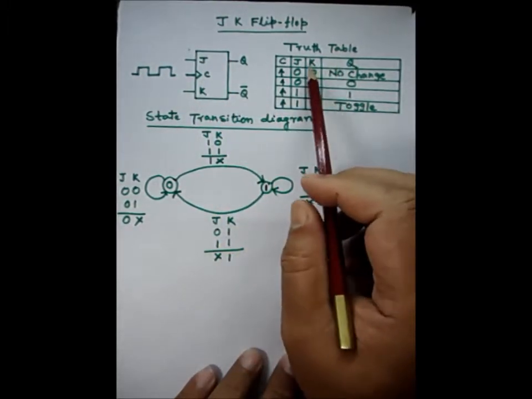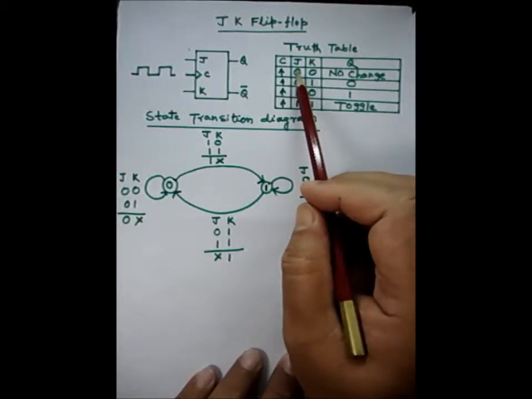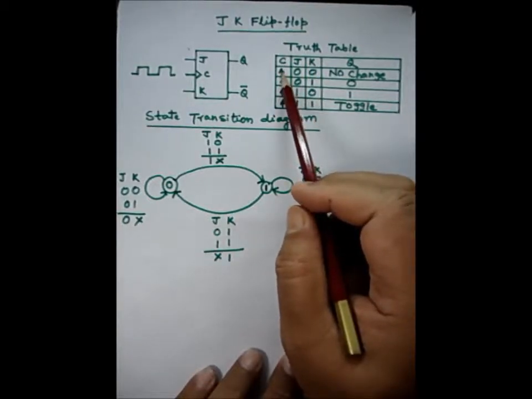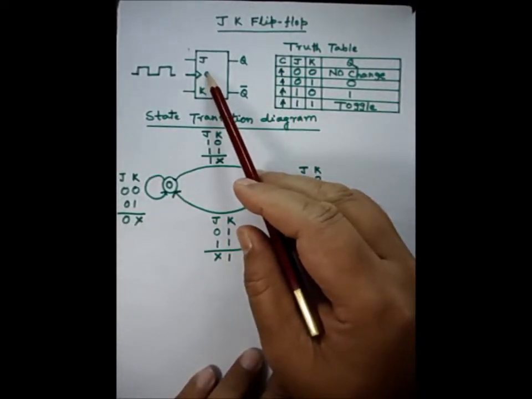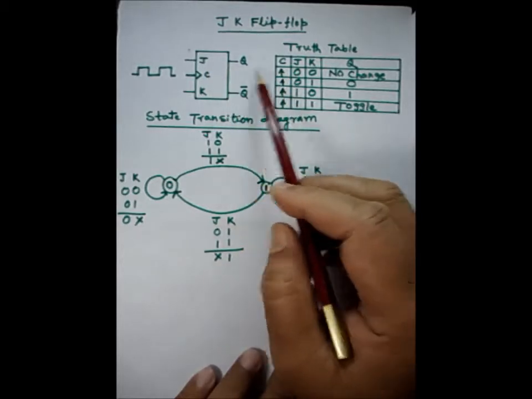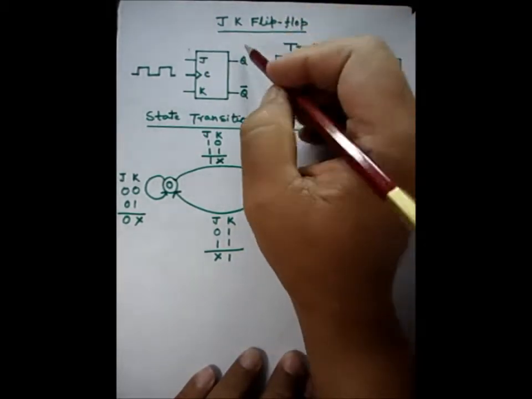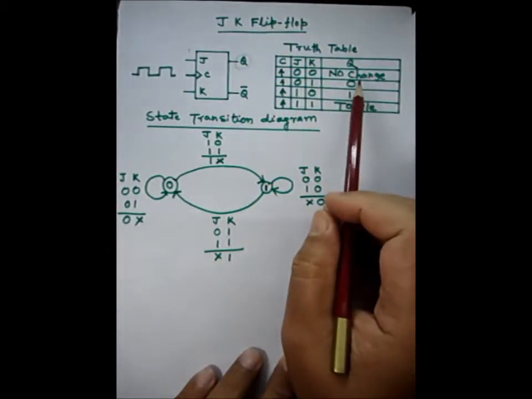Now let us discuss the truth table here. When J equal to 0, K equal to 0, and the positive trigger clock pulse is applied, then there is no change of output. Output means the Q. No change of Q will take place.